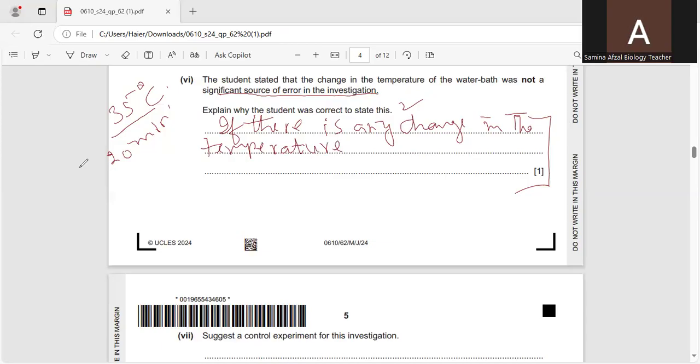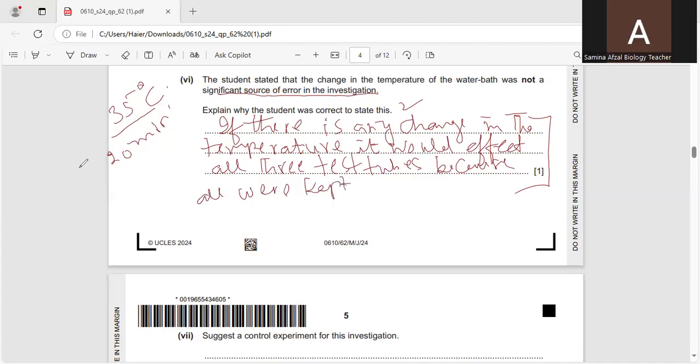So if there is any change in the temperature, it would affect all three test tubes once. All were in the same water bath for the same time period at the same temperature.